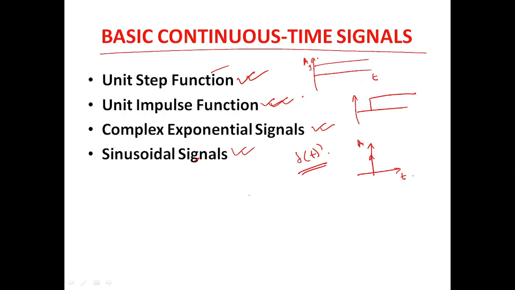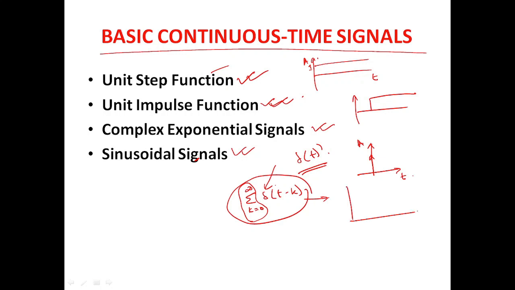Now if we have some function like this, delta t minus k, summed over some numbers, this is the equation for the impulse train function.